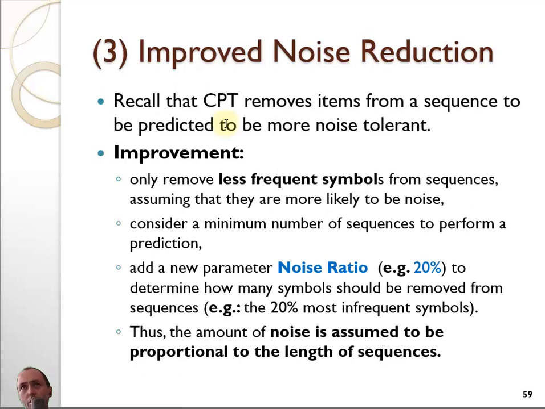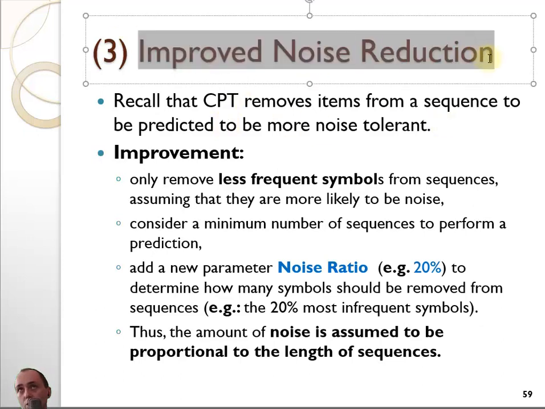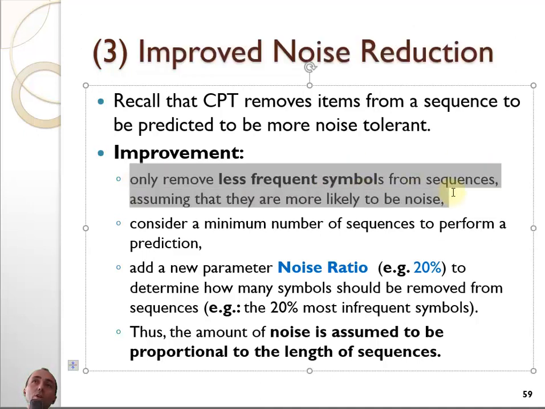Now, another optimization is what we call the improved noise reduction. So in CPT, there was one optimization where we remove some symbols to do prediction. So here we improve this. Instead of removing all the symbols one by one, we only remove the symbols that are the least frequent.